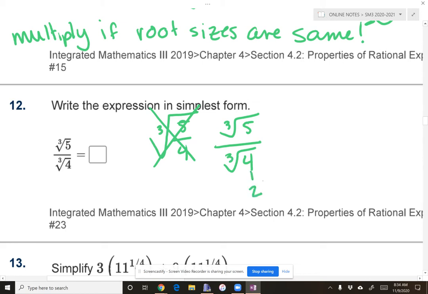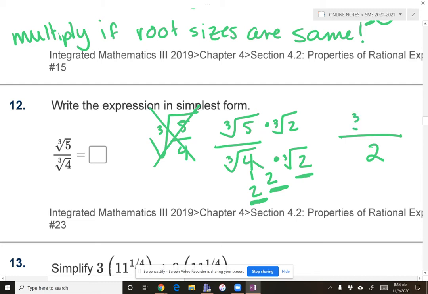So what I need to understand is 4 is 2 times 2, but since my root size is 3, I would like to have 3 of those. So I'm going to give it another one by multiplying by the cube root of 2 on the bottom, and the cube root of 2 on top. That way, I have 3 2's, and my bottom is now just a 2 with nothing left on the inside.